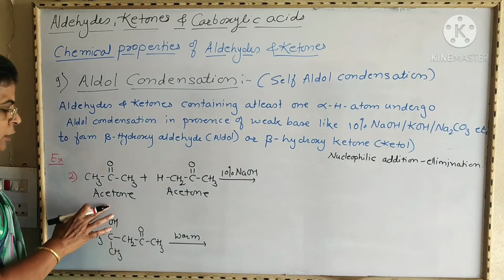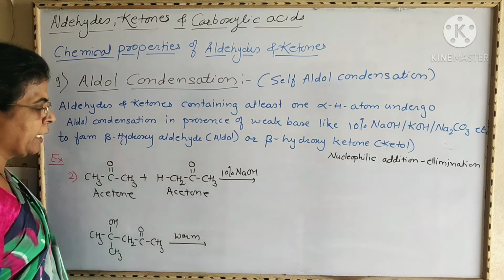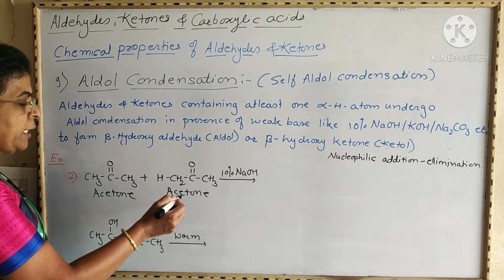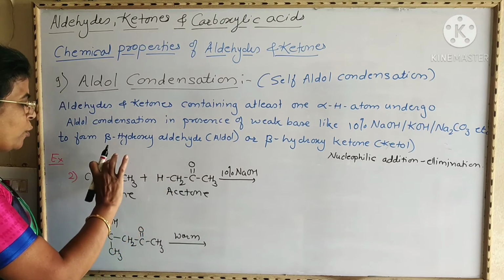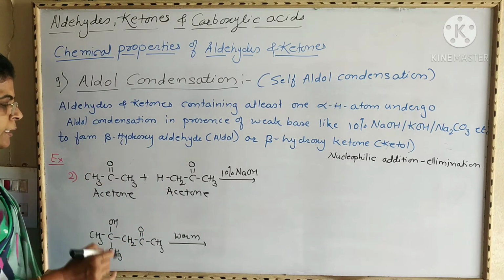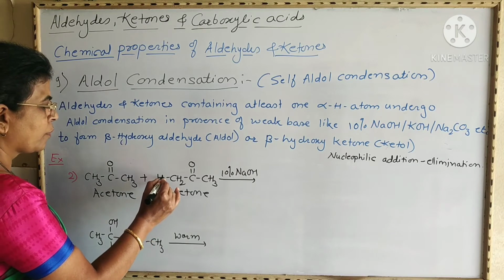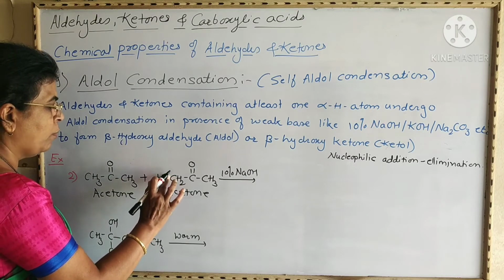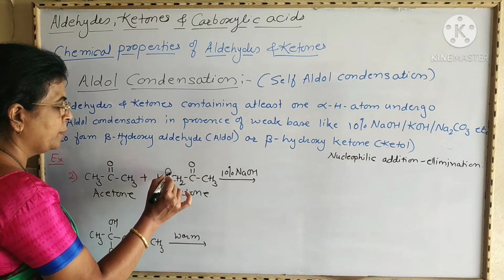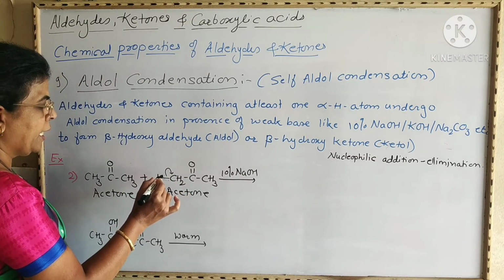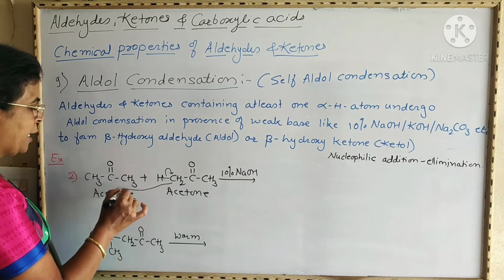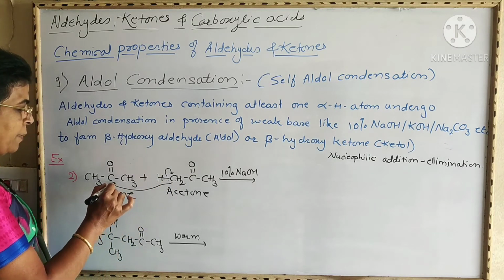Now the second acetone molecule gets added across the carbonyl group of the first acetone molecule like this: this bond breaks, that is this hydrogen atom is removed like H plus ion, then this negatively charged CH2 group gets attached to this carbonyl carbon.